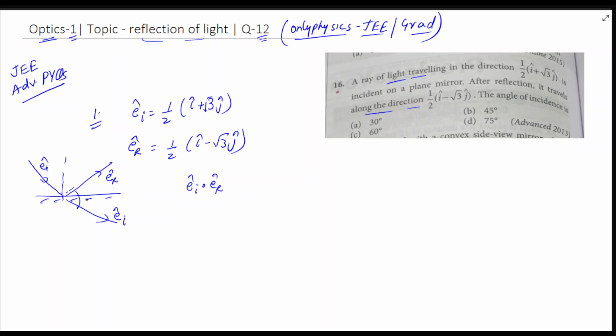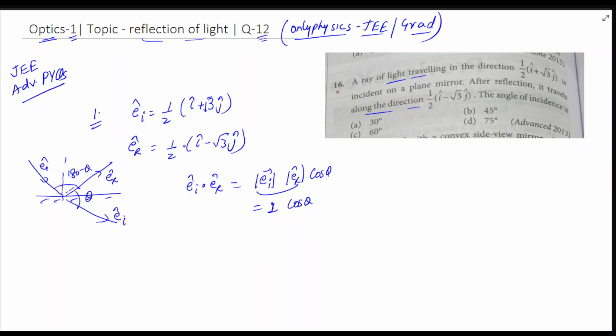So let's say this angle is theta. So this is the angle between both of them. So it will be EI magnitude into ER magnitude into cos theta. And we know these will be 1. So this is simply cos theta. If this is theta, this whole will be 180 minus theta, and we have to take half of these, right?